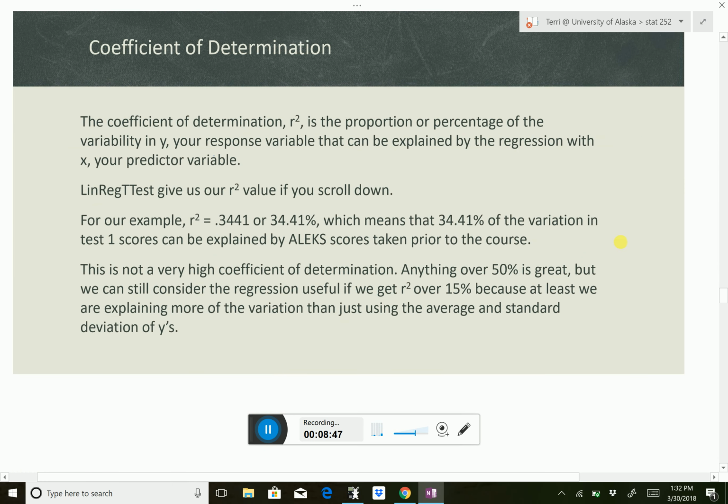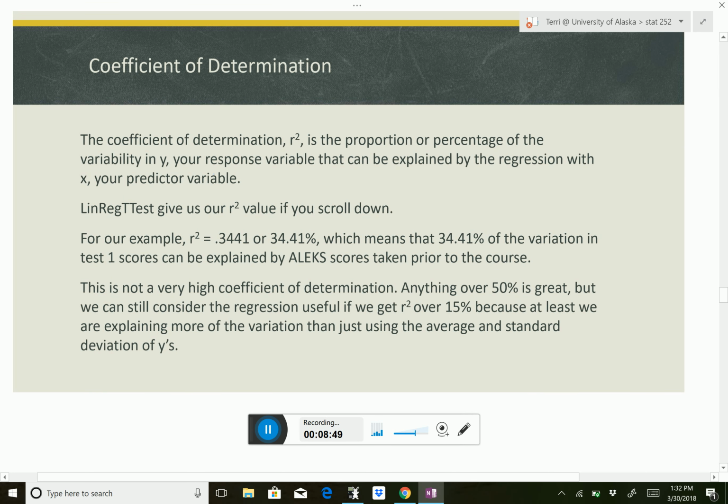So the last thing I want to talk about is this thing called the coefficient of determination. And we denote this by an R squared. That is the proportion or percentage of the variability in Y. So how much Y goes up and down. And Y is your response variable. That can be explained by the regression with X. So we know that Y changes, right?